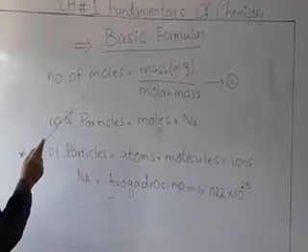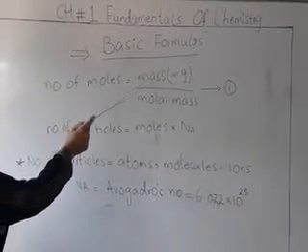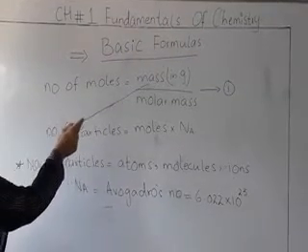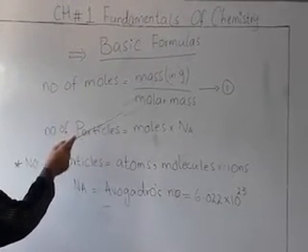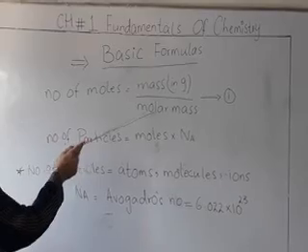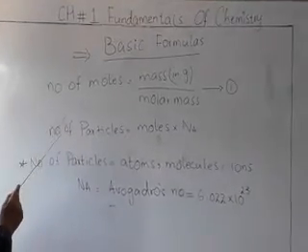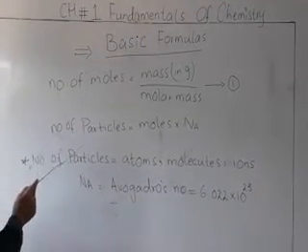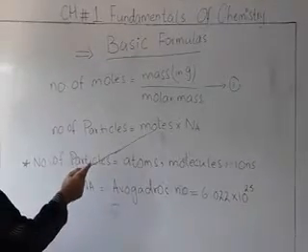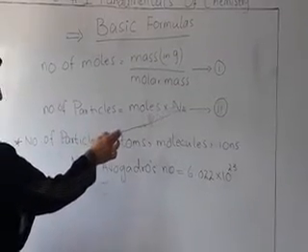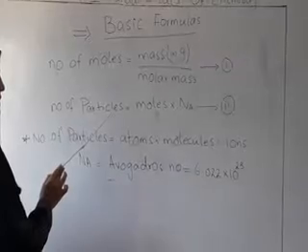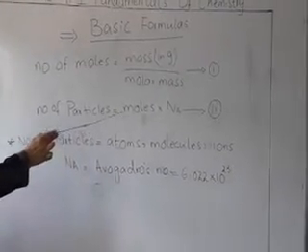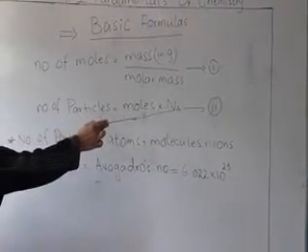Number of moles is equal to mass in grams, the mass given in the question, divided by molar mass of the particular species mentioned there. Second formula, number of particles is equal to moles into Na. Number of particles is equal to moles multiplied with Na.